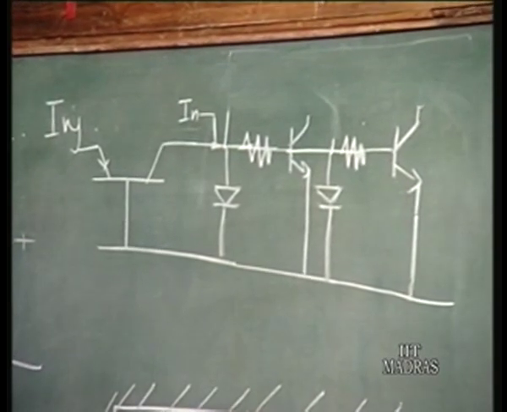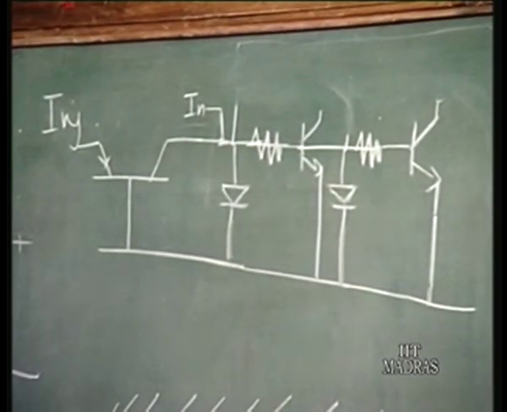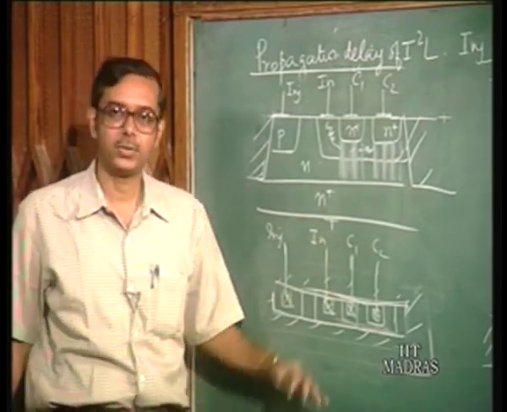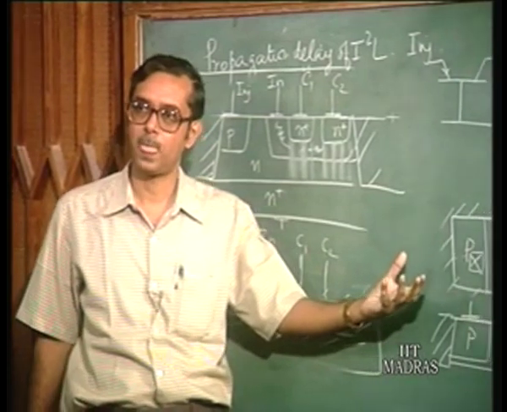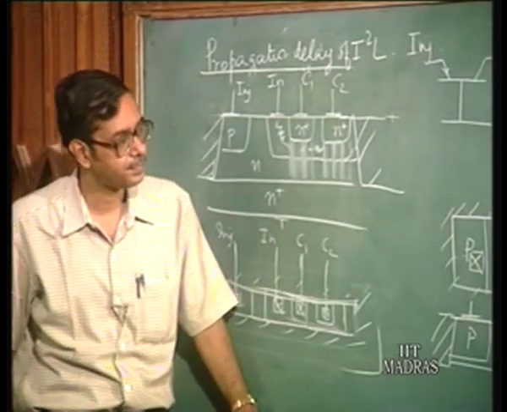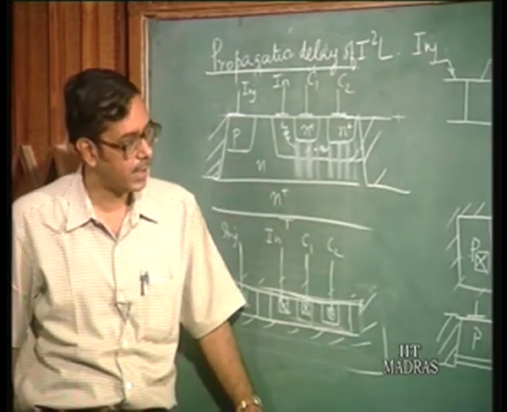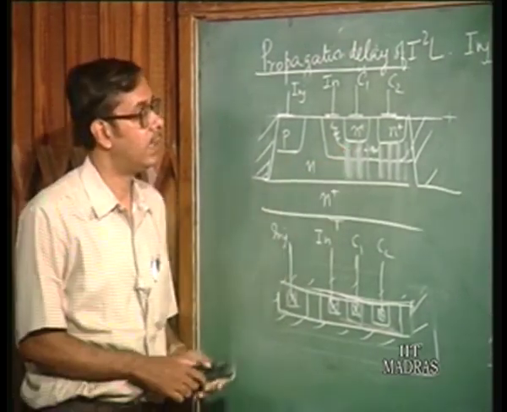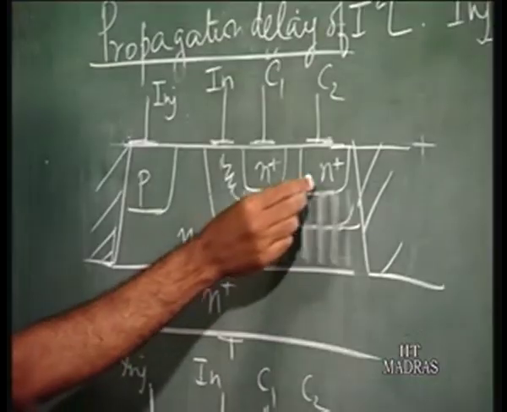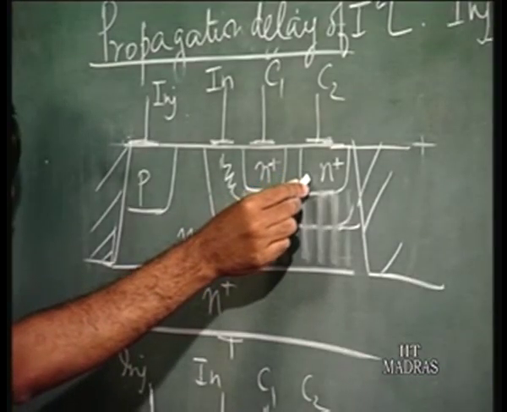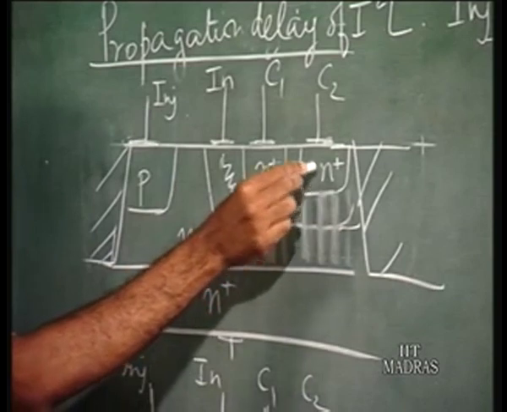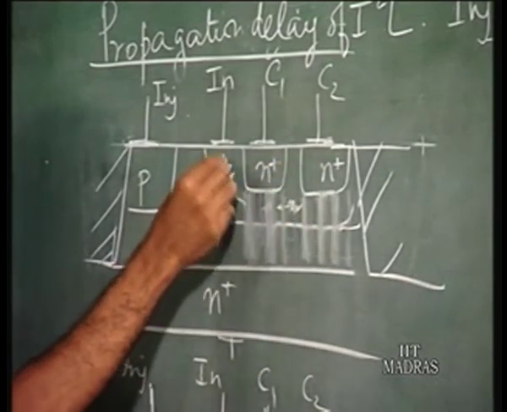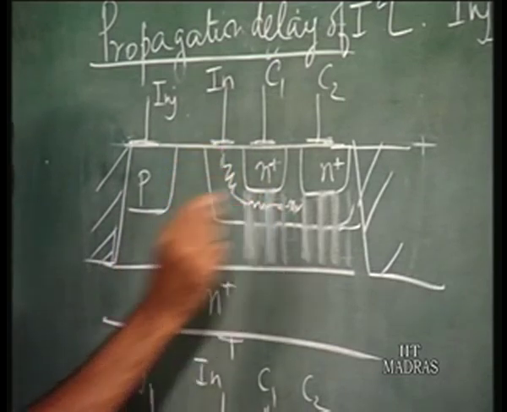So we have sort of tried to improve the performance, but this in fact gives rise to some extra problems. That is because if you look at the original structure, now the resistance. For example, the series resistance for this particular device, say C2, the current has to flow all the way here.